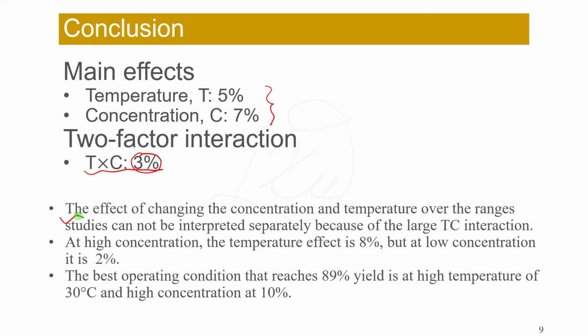So the effect of changing the concentration and temperature over the ranges studied cannot be interpreted separately because of the large temperature and concentration interaction. At high concentration, the temperature effect is 8%, but at low concentration, it is 2%. The best operating condition that reaches 89% yield is at high temperature of 30 degrees and high concentration at 10%.